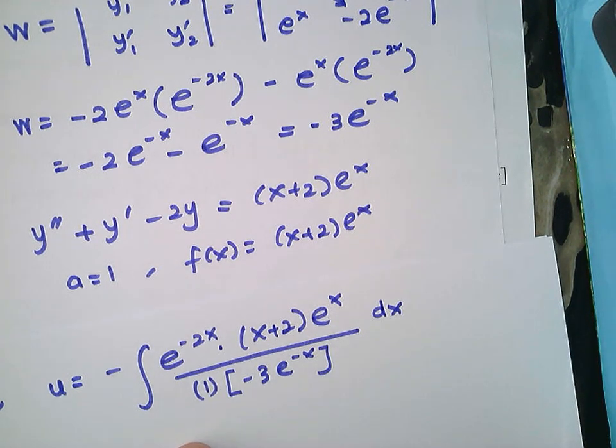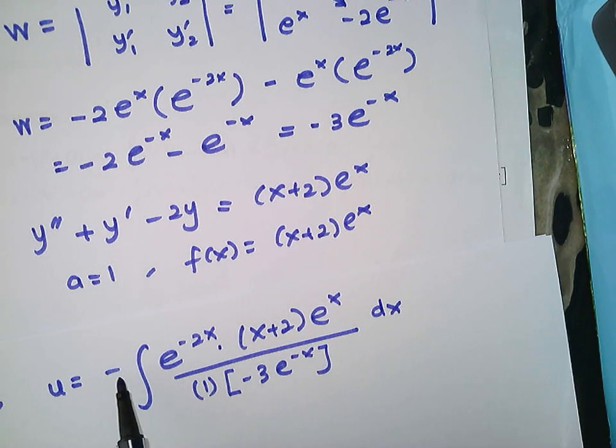The next step is to simplify this first. First factorize the constant. You have 1 times negative 3, so actually your constant here is negative 1 over 3. Factorize negative 1 over 3. Therefore you will have 1 over 3, because there is a negative sign here, and negative negative gives positive. Here you have e^(-2x) times e^x. When you have a multiplication of exponential functions, you have to add the power.